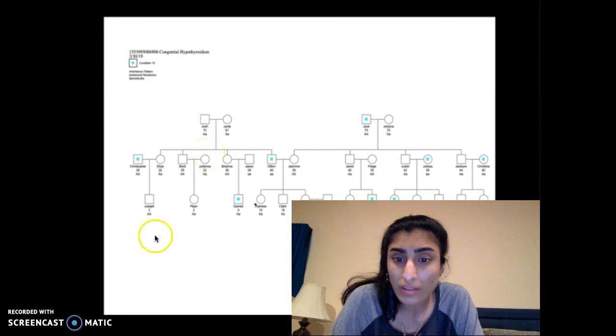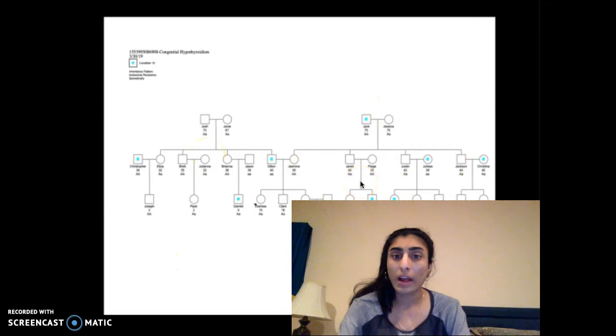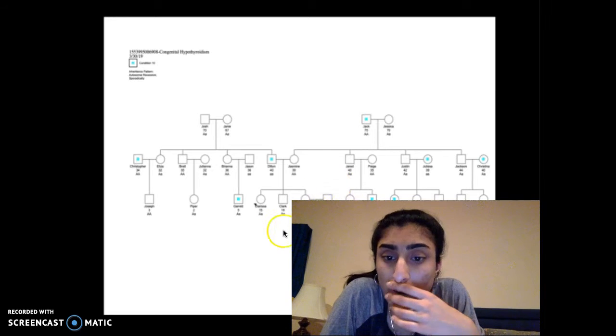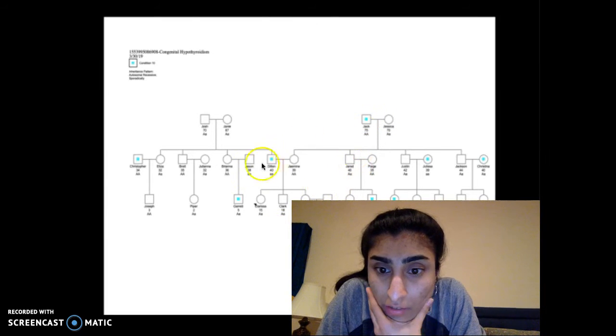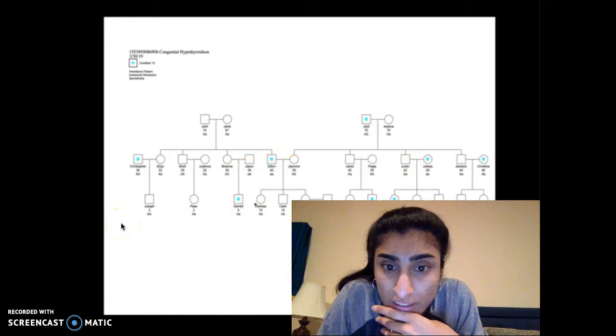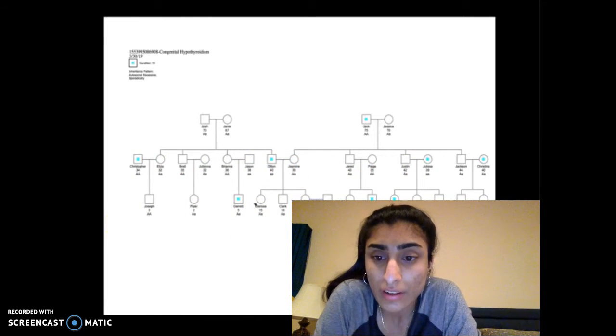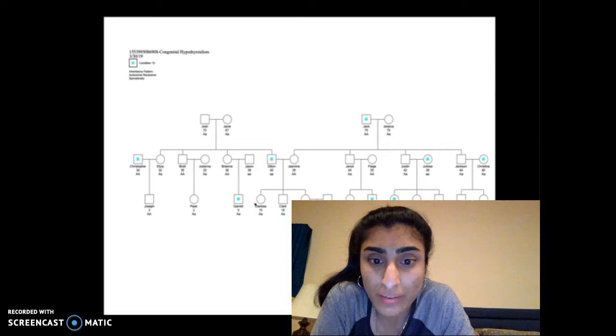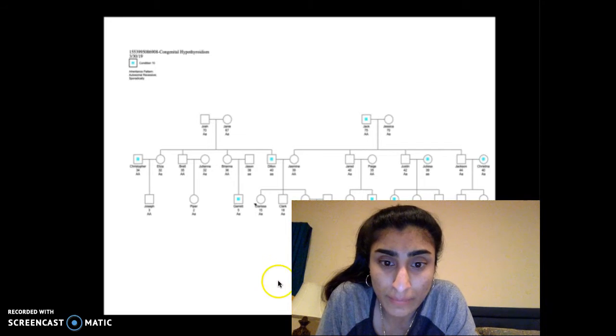So this is the pedigree that I created for the project. All of the individuals with the teal dot in it are affected with the disorder, and you can see that it's fairly sporadic.